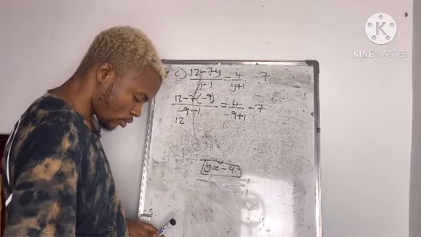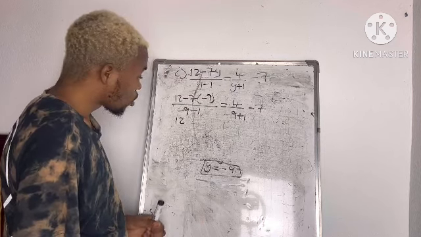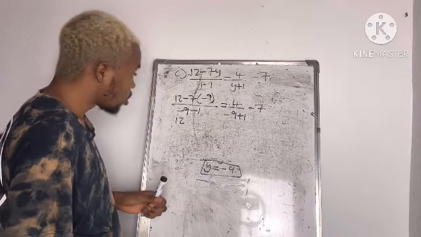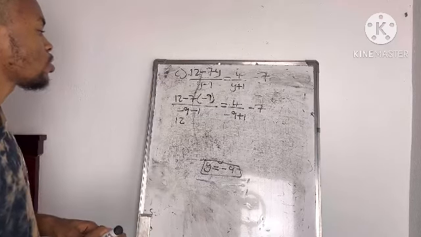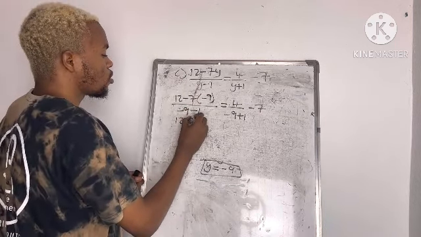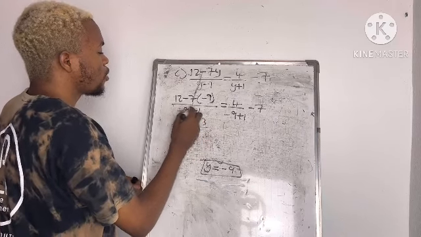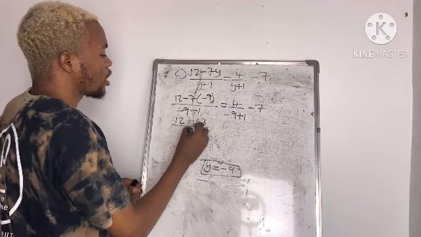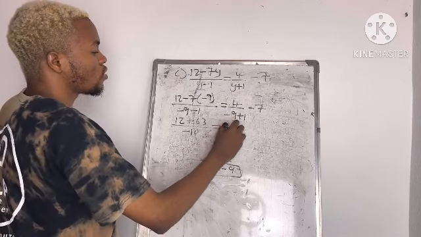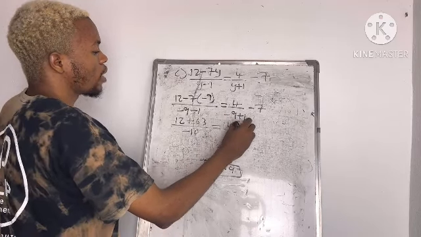That's 9 times 7. 9 times 7 gives us 63. So that tells us that minus times minus, you have plus 63. All this divided by minus 9 minus 1, you end up with minus 10, equal to 4 divided by minus 9 plus 1, you have minus 8 minus 7.